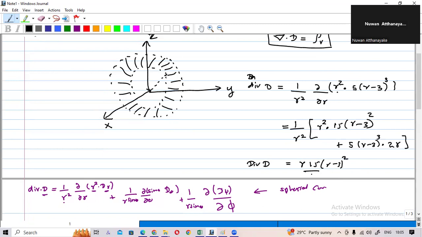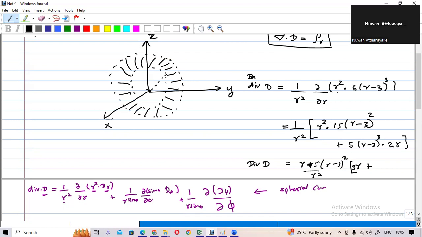So r square is there, and here you will have r plus the r you get. So you can get 5, so 3 is here, 3r.